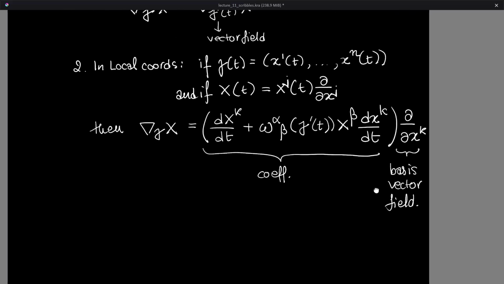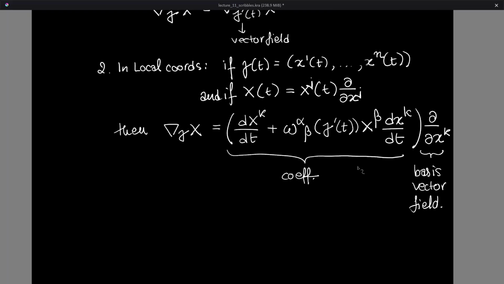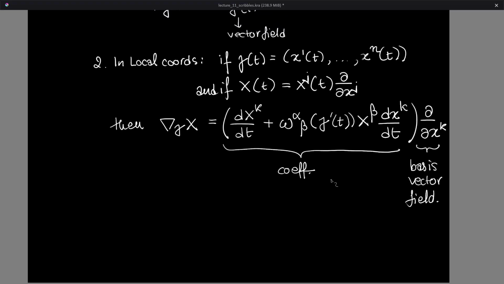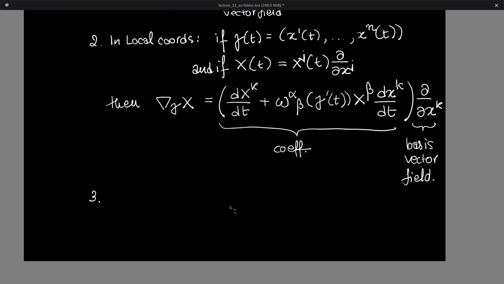And so this is the expression in local coordinates. Now, if you've seen the geodesics, if you looked into them, this expression should look very familiar. And of course, if you replace the connection form as we described earlier with the Christoffel symbols, then you would exactly get the geodesic equation.